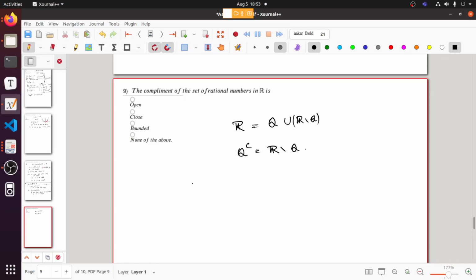This is not open, right? First one, R minus Q is not open. Why?